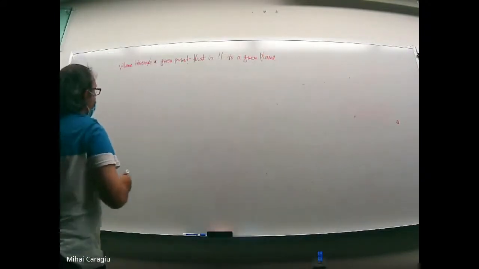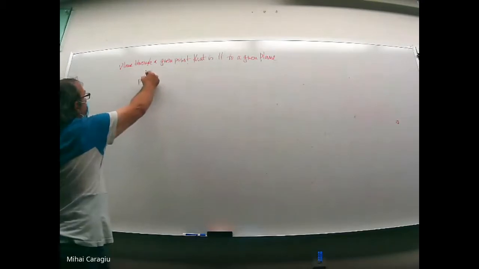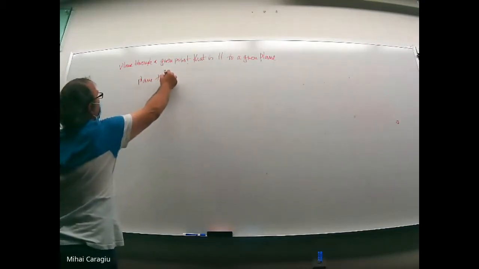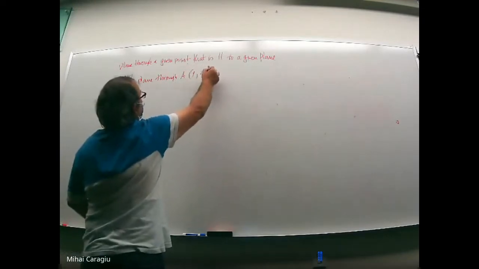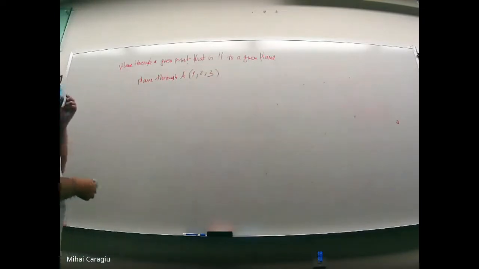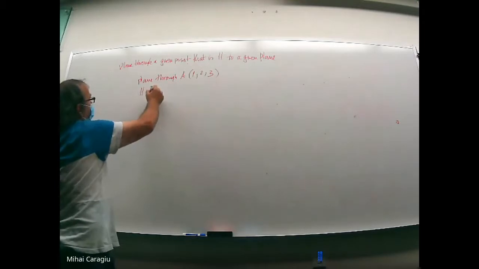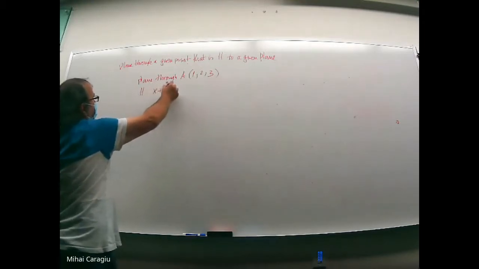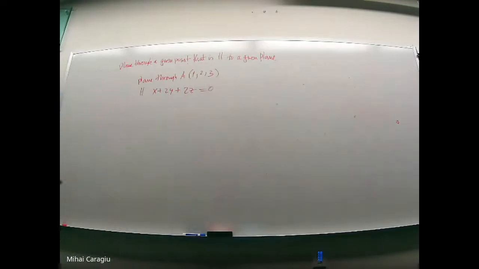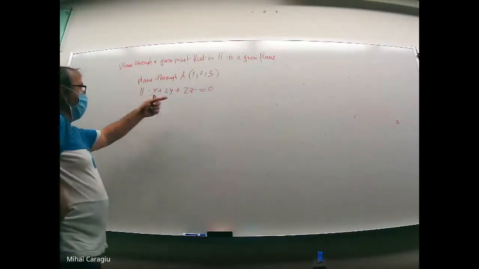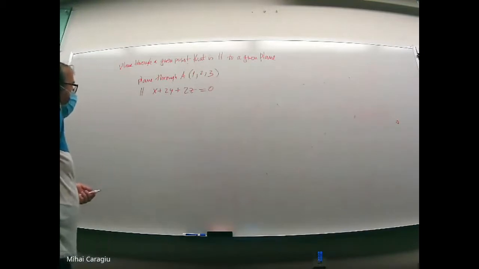Okay, so let's see. Plane through the point A, let's call it 1, 2, 3, and parallel to the plane x plus 2y plus 2z equals 0. So what's the equation of the plane passing through the point 1, 2, 3 that is parallel to the plane of equation x plus 2y plus 2z equals 0?